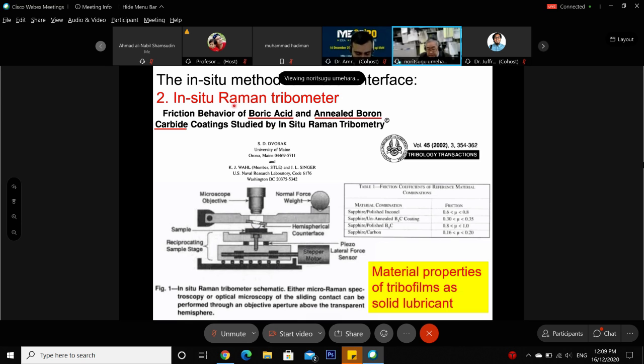There is a repeated sliding machine with a hemispheric counterface, a transparent glass material, and a microscope objective. There is a lever by which normal force can be applied, and there is a sample.